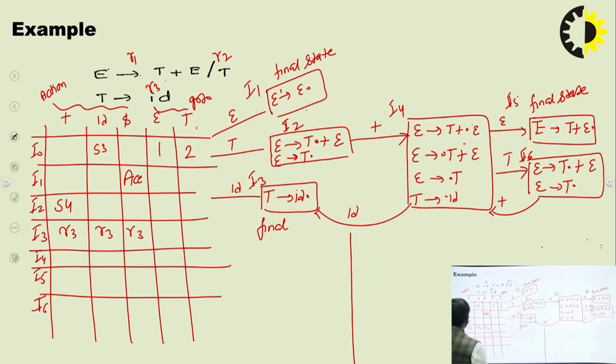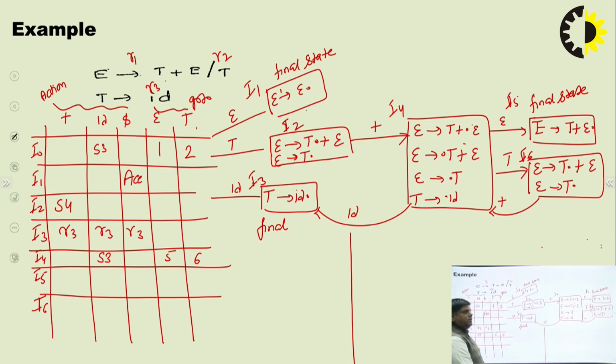So from E, move to state 5. And from T, we move to state 6. And from ID, we move with S3. Now, this table has been completed.